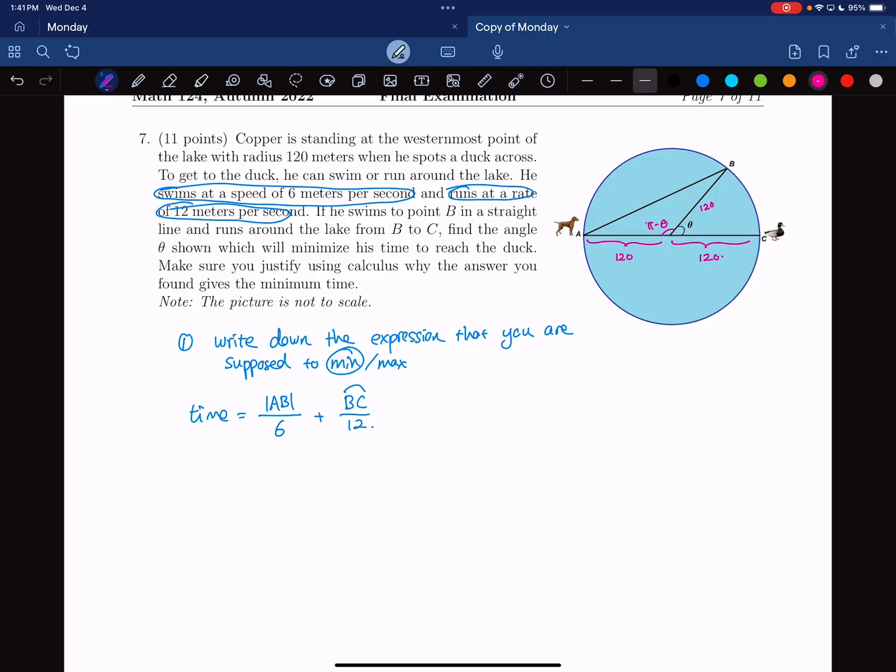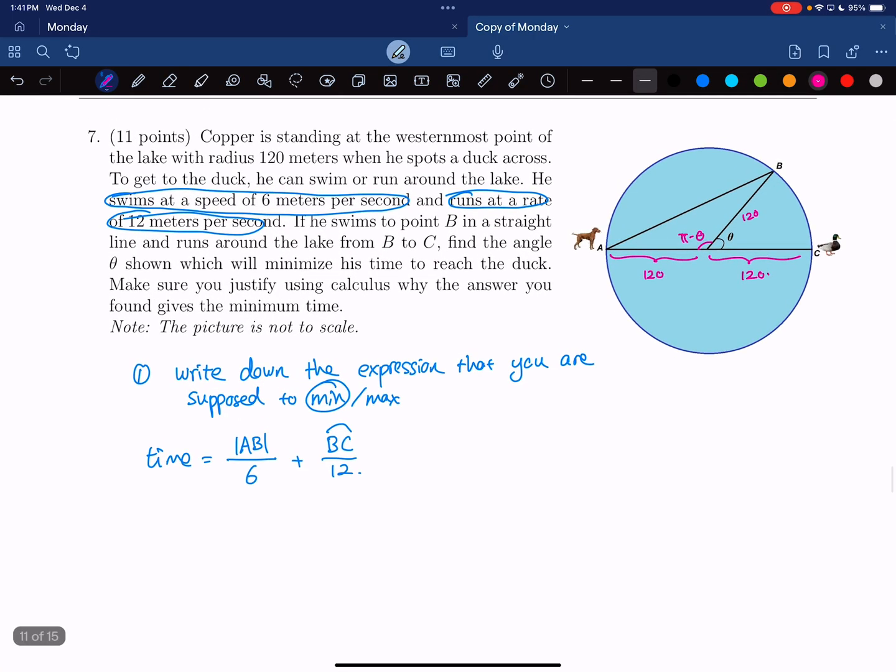Now, in order to find the length AB, here is what I find an easy way to do it. I look at this triangle. This is an isosceles triangle, which means that these two lengths are equal. I can divide this triangle into two right triangles by drawing a line straight down the middle.